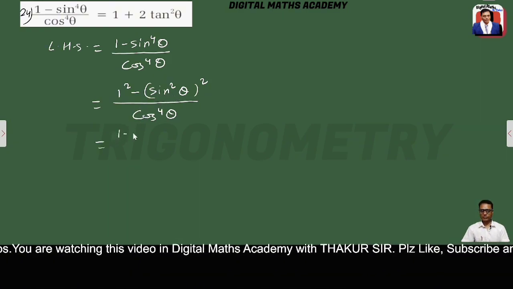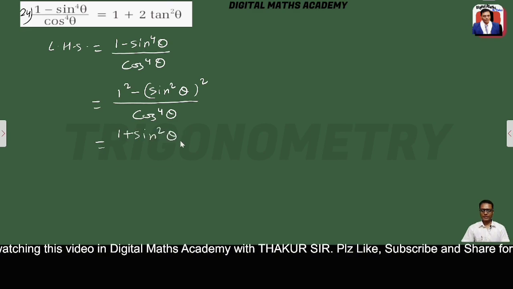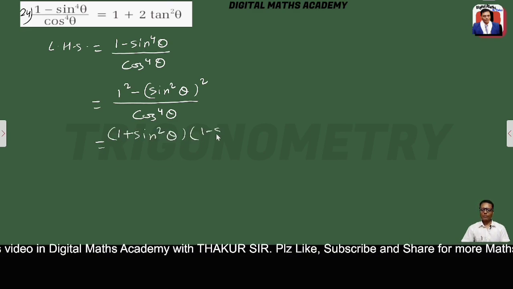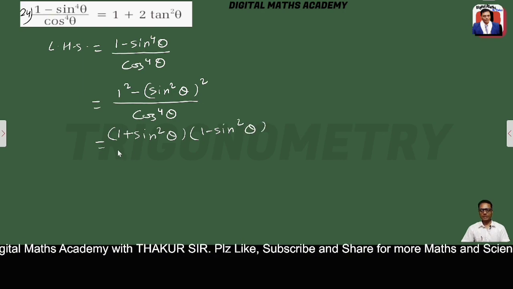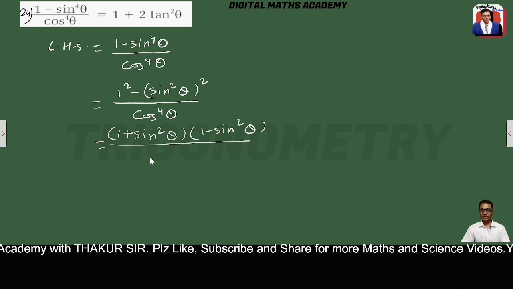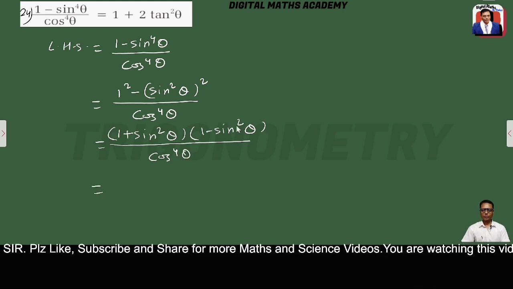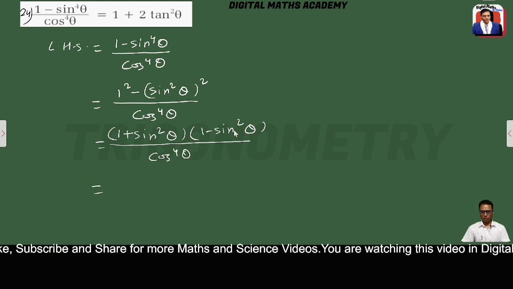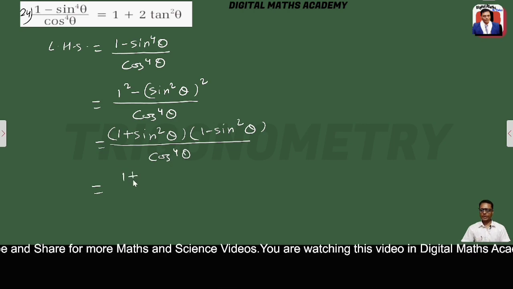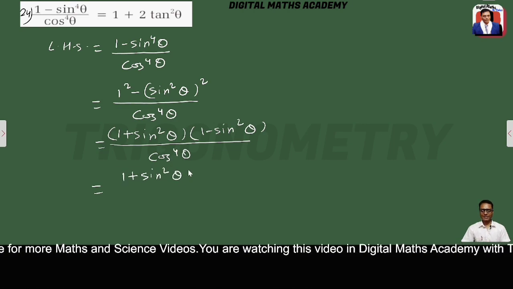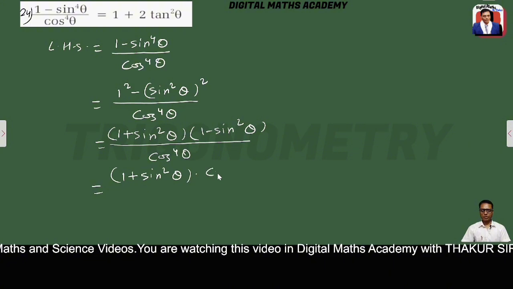So we write 1 plus sin square theta, that is a plus b, and 1 minus sin square theta, that is a minus b. At the denominator we write cos to the power 4 theta. Now 1 minus sin square theta gives us cos square theta. So we write 1 plus sin square theta as it is, and here we can write cos square theta.